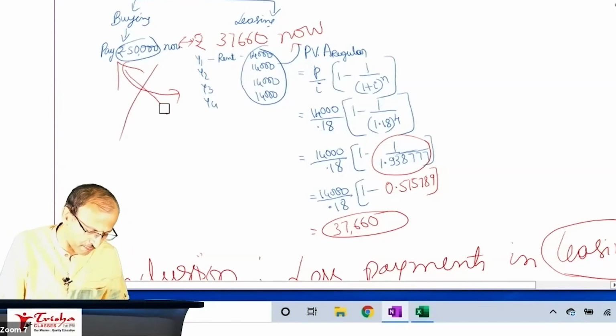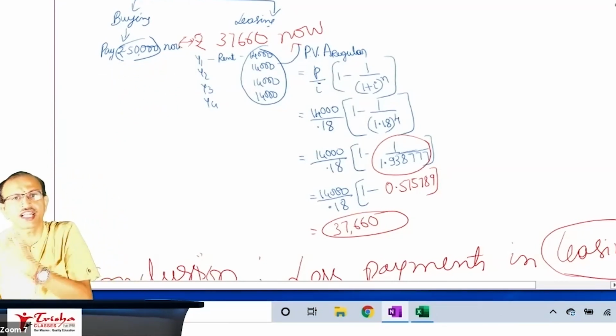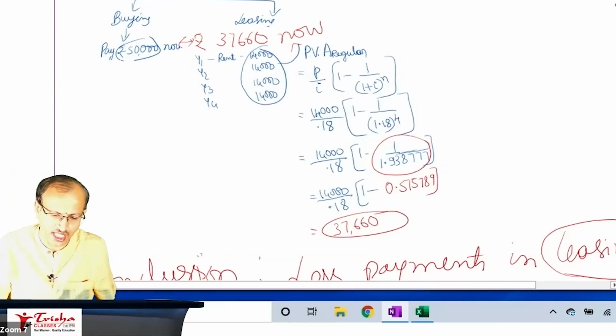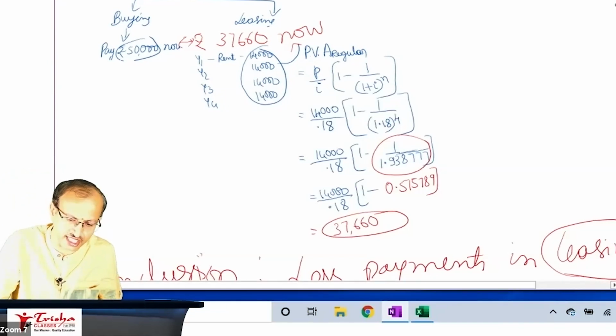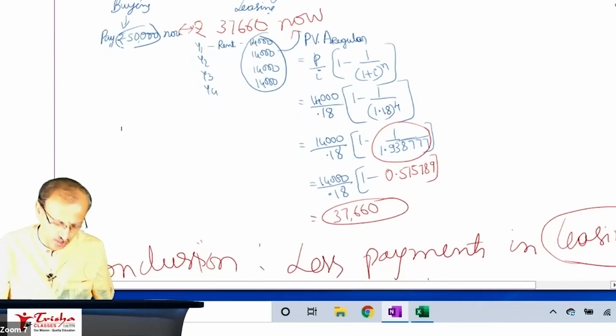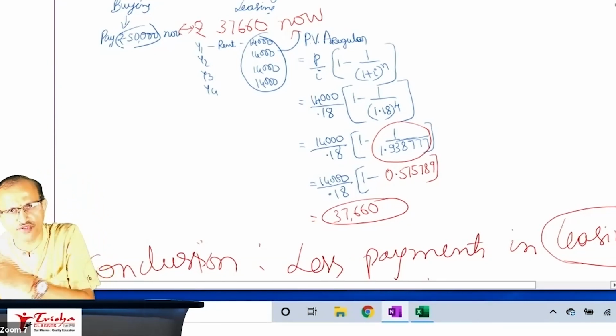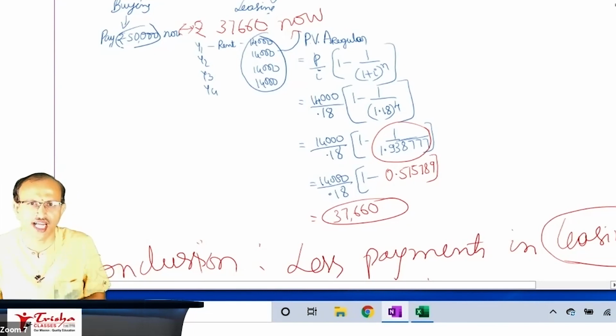I cannot compare 50 and 56, because 50 now, 56,000 over the next 4 years, no comparison. That's why we took the present value of it. When you do the present value, you will come to know that all periodical payments, installments, that 14 into 4, 56, today is less than that.